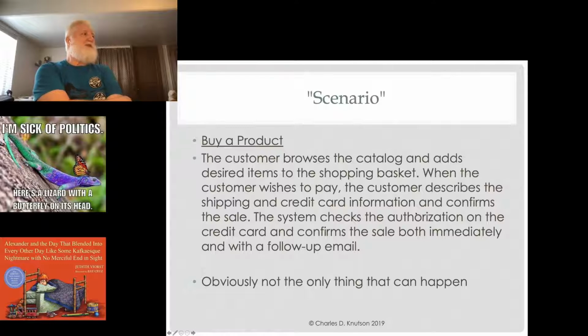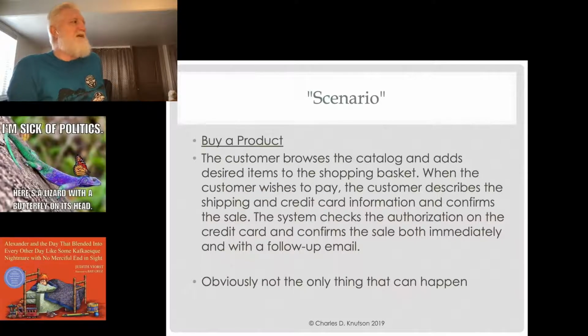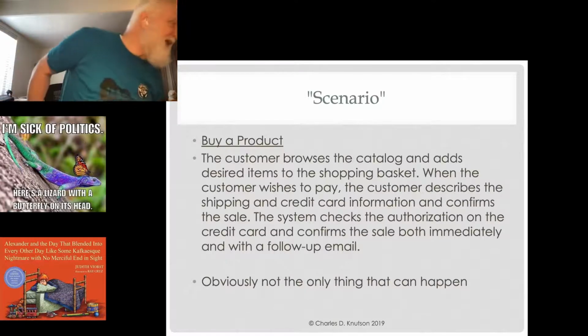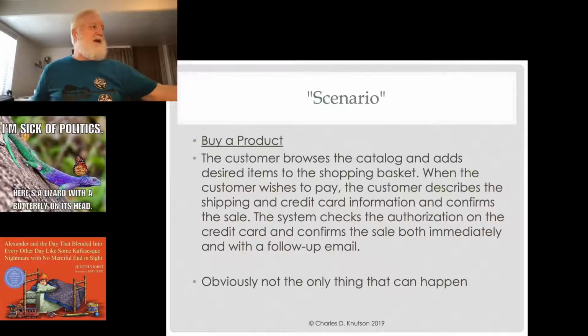Here's an example of a scenario. All right. Like buying a product. So, the customer browses the catalog, adds the desired item to the shopping basket. When they're ready to pay, they describe the shipping and credit card, right? Confirm the sale. System checks the authorization, confirms the sale with an email, right? That's a scenario, just buying a product.